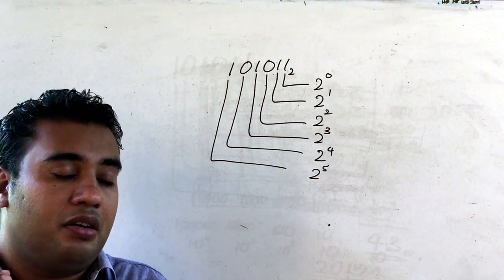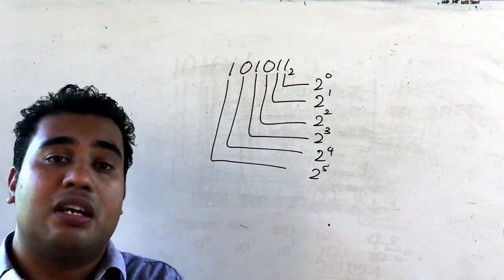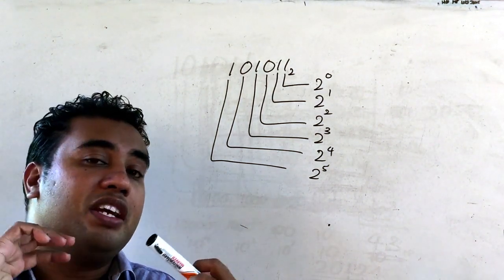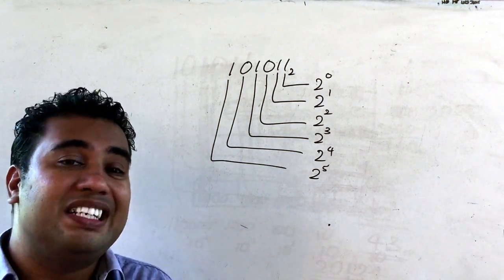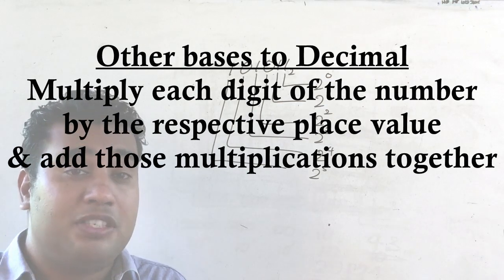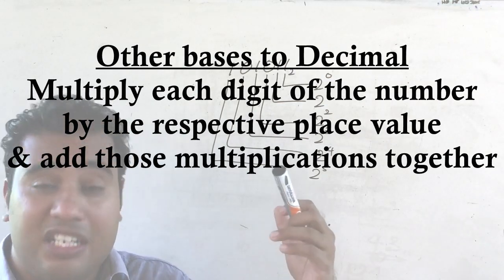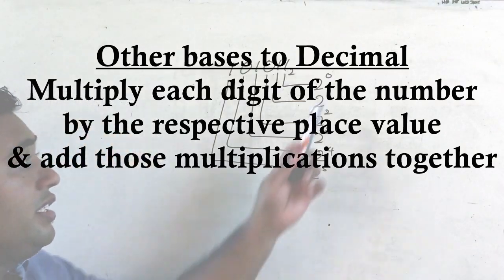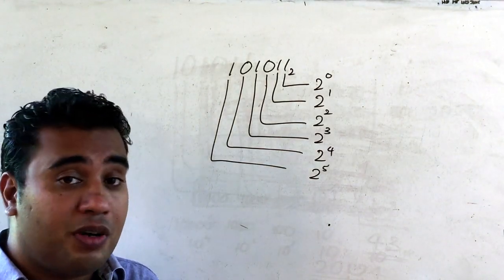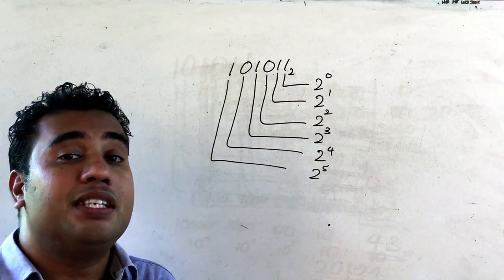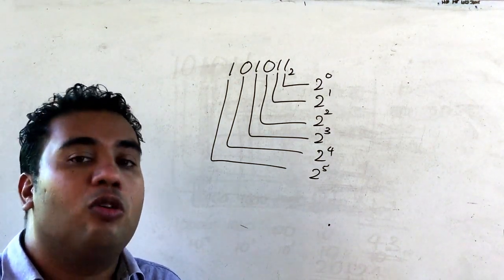So, when we are converting a number from other bases to decimal, what we do is we multiply each digit of that number by the respective place value and we add those multiplications together. So here the place value is 2 to the power 0. 2 to the power 0 is 1. Whatever the number, if the power is 0, it will be 1 always.